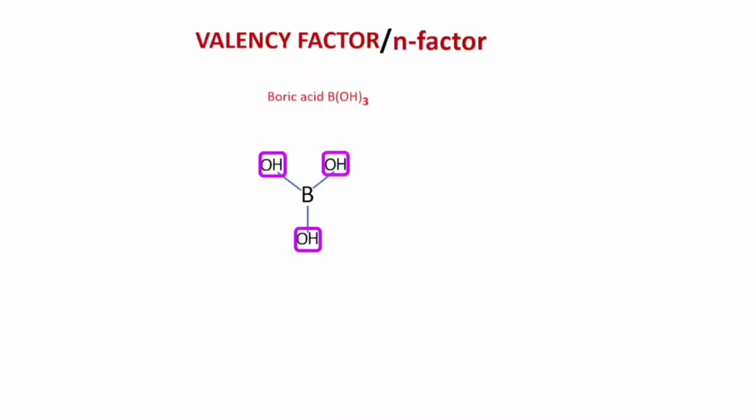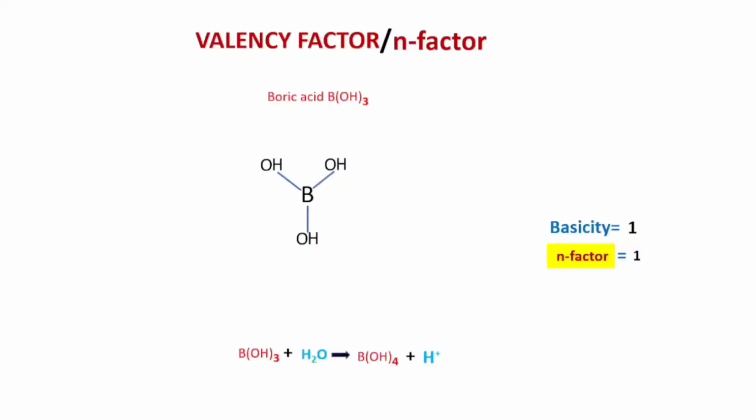But in aqueous solution, no hydrogen atom is displaced. Rather, it dissociates the water molecule and attracts one hydroxyl group and combines it to itself to form the tetrahydroxyborate anion. So in aqueous solution, it furnishes only 1 hydrogen cation. Hence, its N factor is 1.